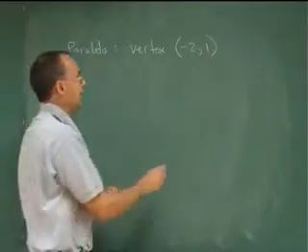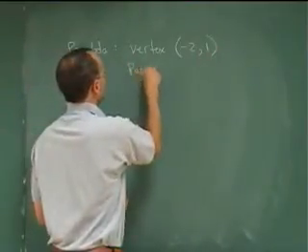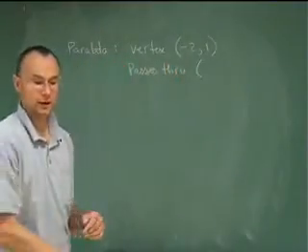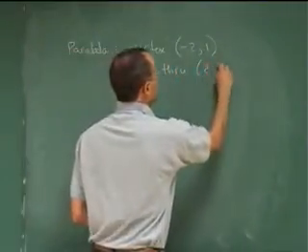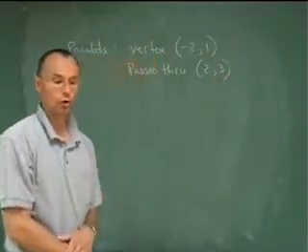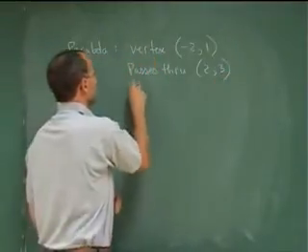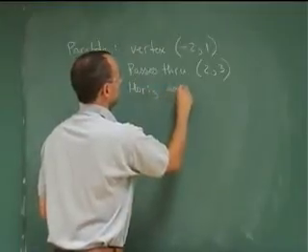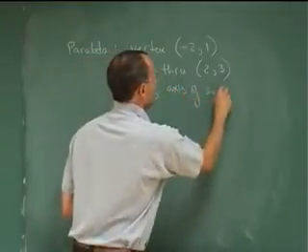We're told that it passes through this point here at 2, 3. And we're also told that it has a horizontal axis of symmetry.